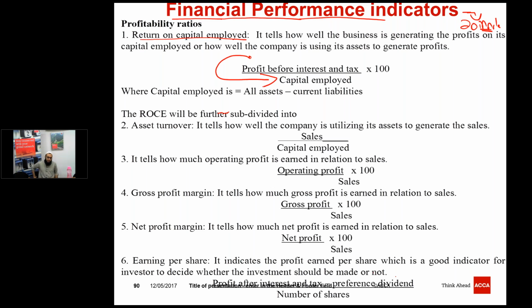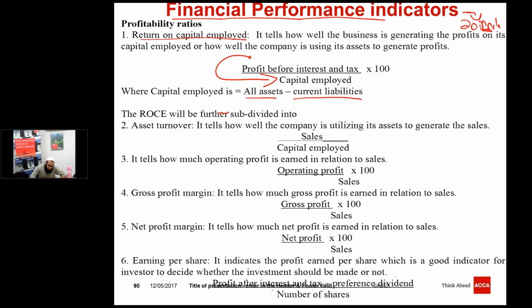Or I should say, capital employed is generating X percentage of profit. So this is return on capital employed, the percentage profit earned by the company on its capital employed. And what is capital employed? It's total assets minus current liabilities.